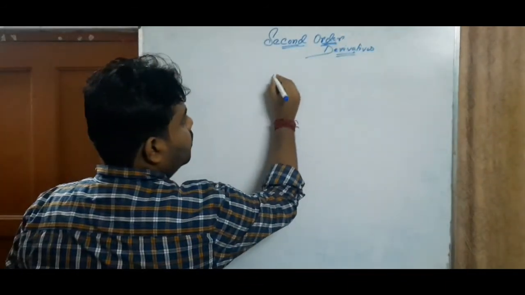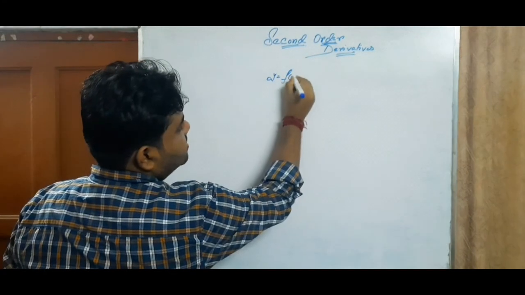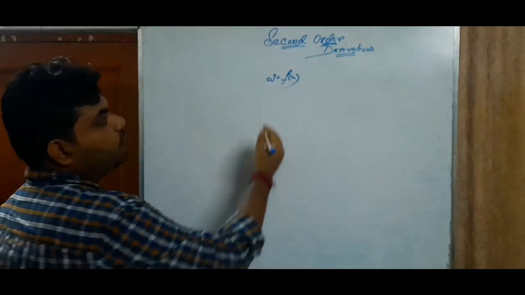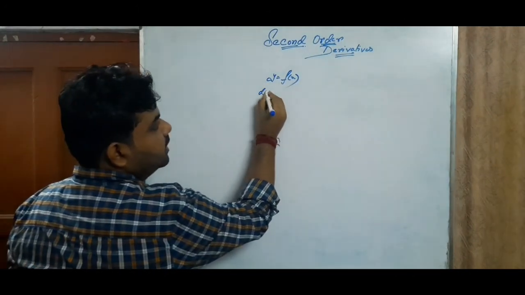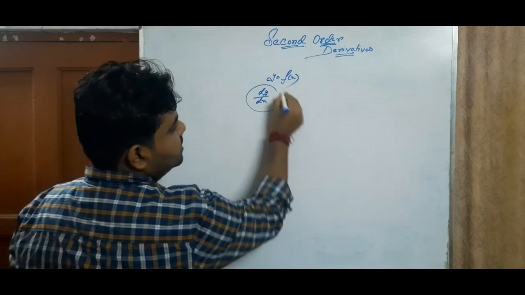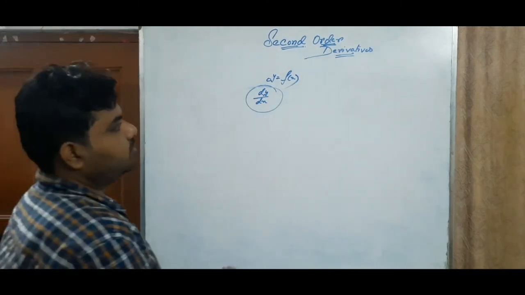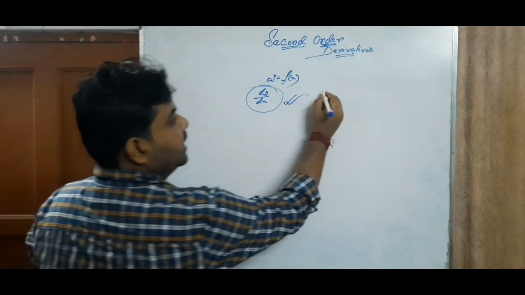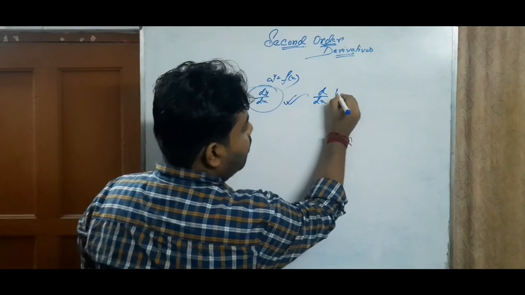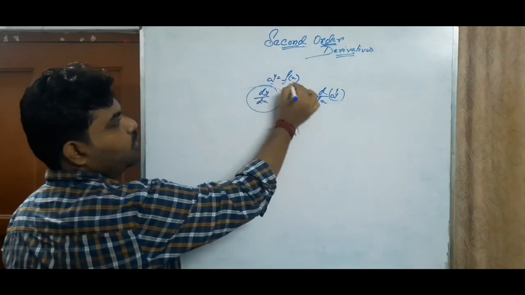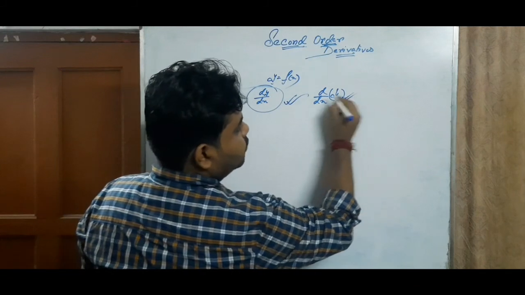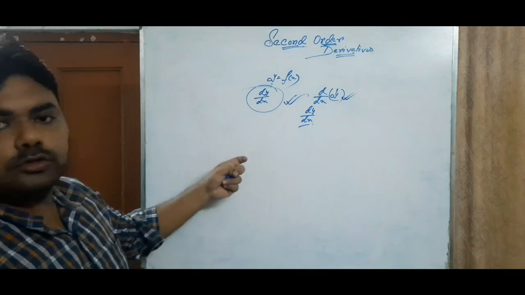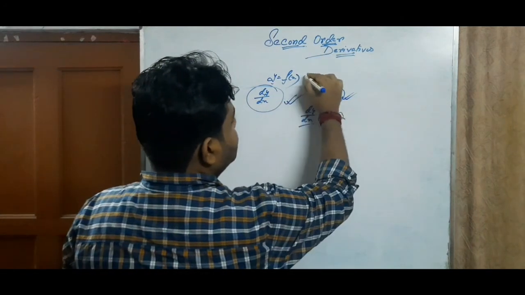Suppose y equals f(x), this is a function. For first order derivative, what we have read is dy by dx, this is the representation, that is the coefficient d/dx of y, where y is the function y equals f(x).